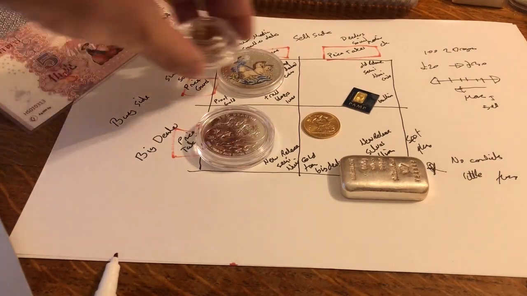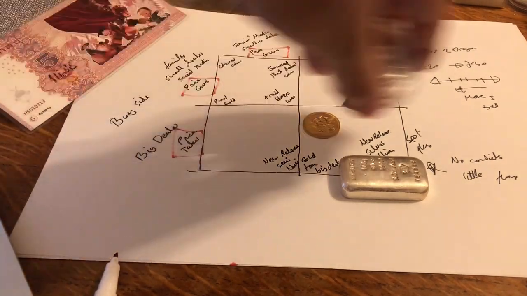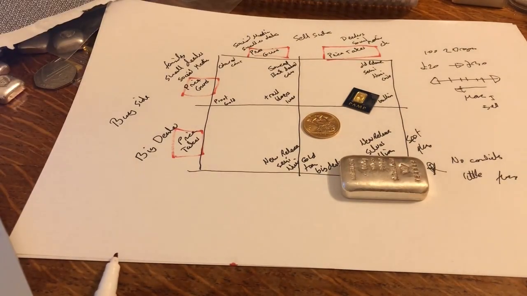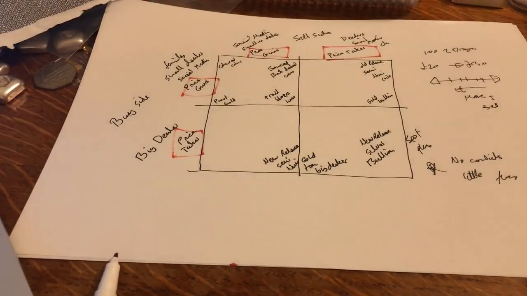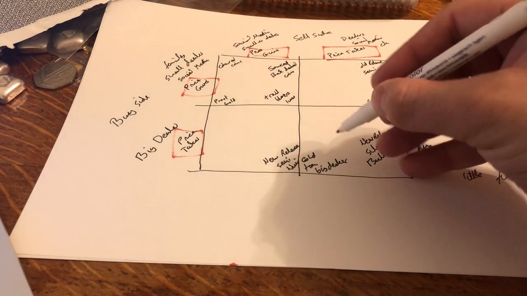So, right, let's take these off. Let's get a bit clogged up. So, yes, this is how to sell. Now, one of the major things I want to add is you don't want to be here.